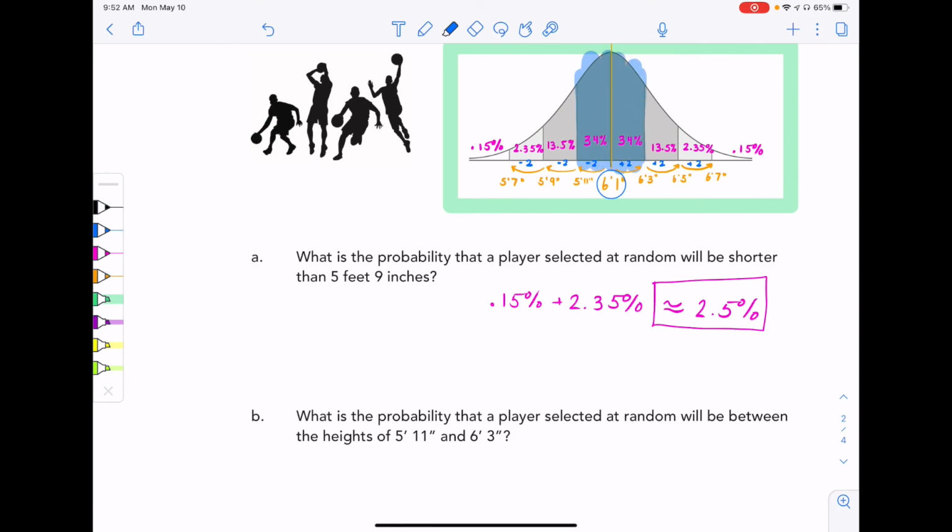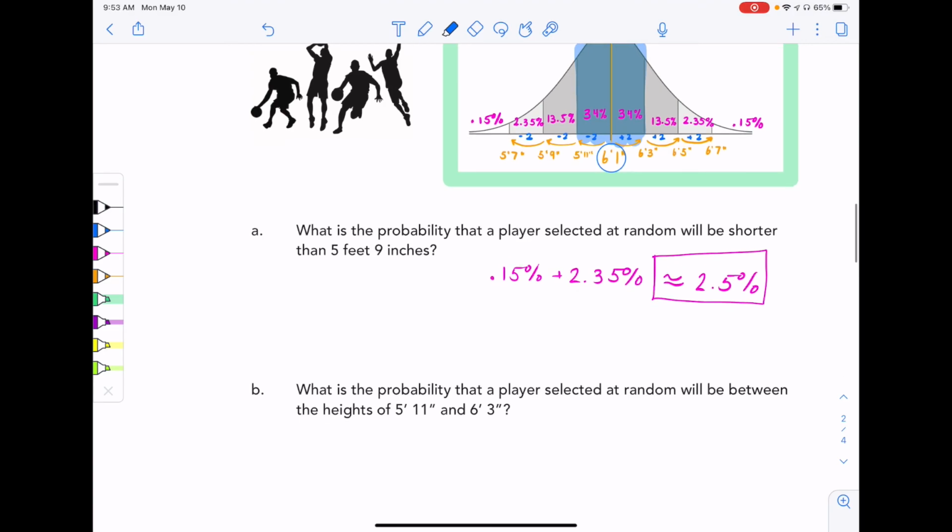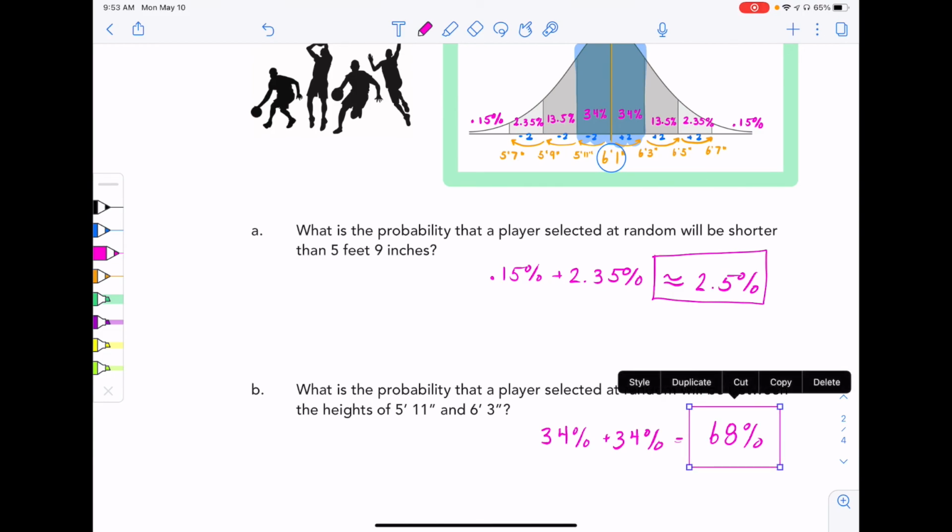The player is going to be in between those two heights, and you just add your percentages together in those columns I highlighted, which is 34% plus 34%. That's equal to 68%. As a complete sentence, I would say approximately 68% of the players will be between the heights of 5'11" and 6'3".